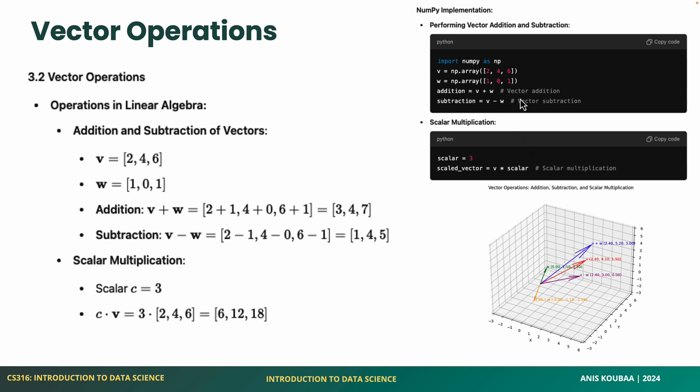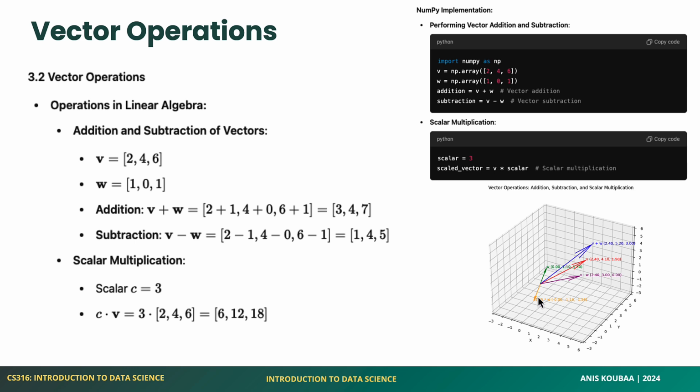And you can also multiply by a vector, and you can see here, this is the vector w, this is the vector v, this is the sum of the two vectors, and this is the subtraction of the two, v minus w. And you can see this vector is basically going from this point to this point exactly. It's v minus w, so it's going to give this vector over here.